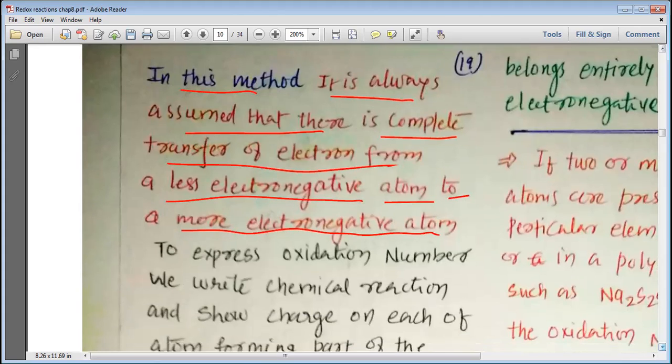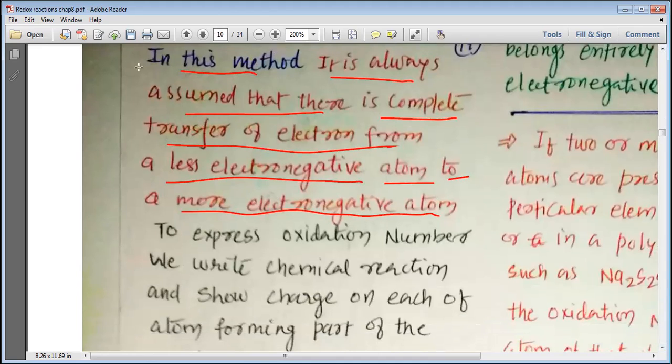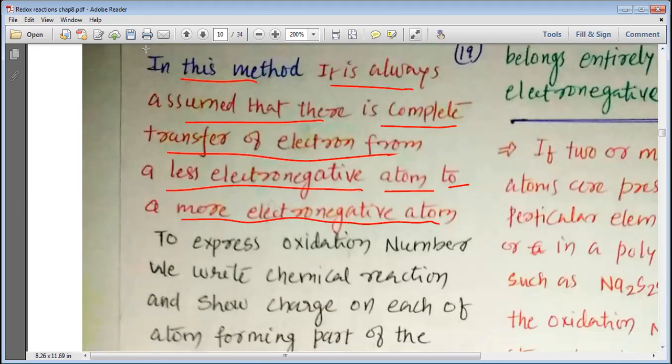Though it is clearly understood that there is not a clear transfer of electron, to understand these processes it is assumed, my dear students, that there is a complete transfer of electron from the less electronegative element to the more electronegative element.